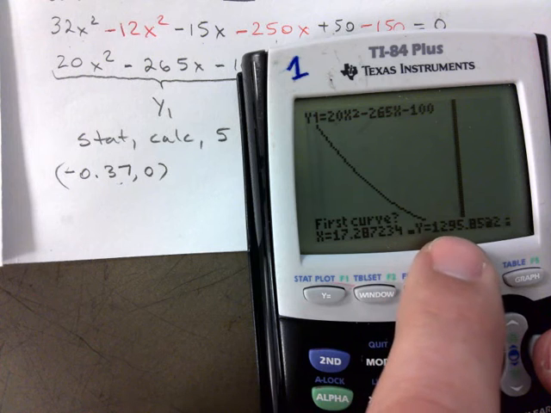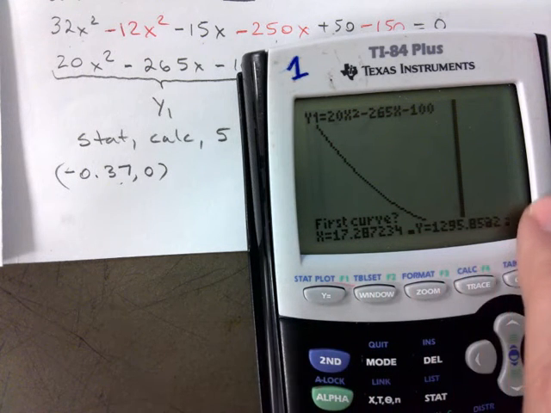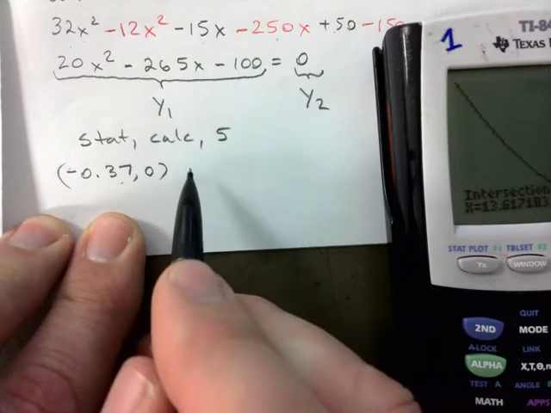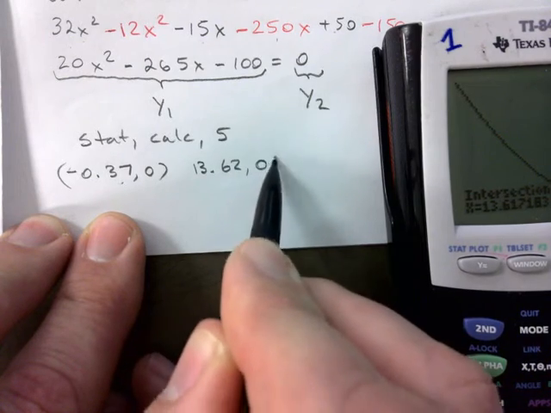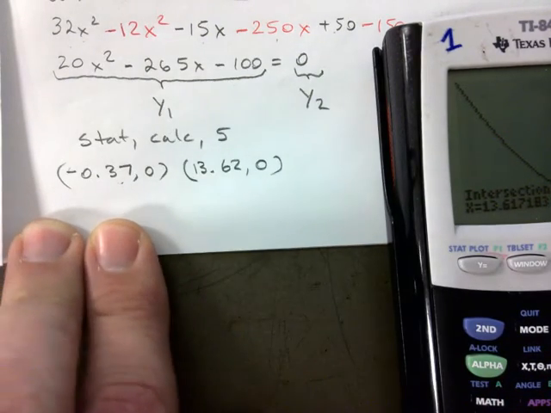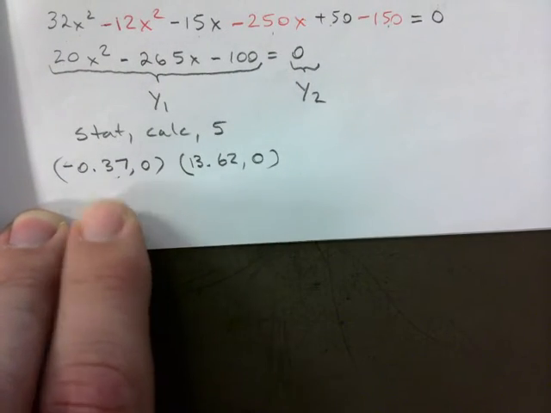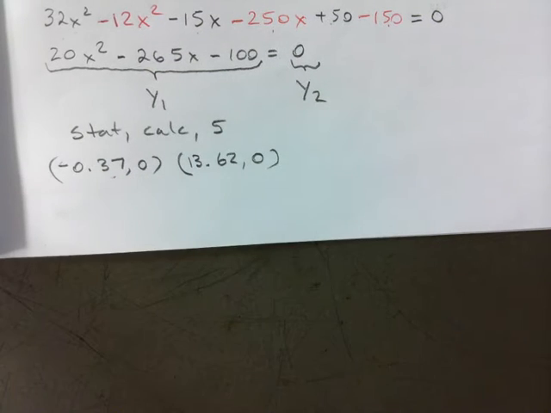If I keep going, my y value is not positive, which means I went down under the x-axis and then back up. And then you hit enter, enter, enter. And that is my other x-intercept. That's my other x-intercept. So these are the two x-intercepts for this particular quadratic equation.